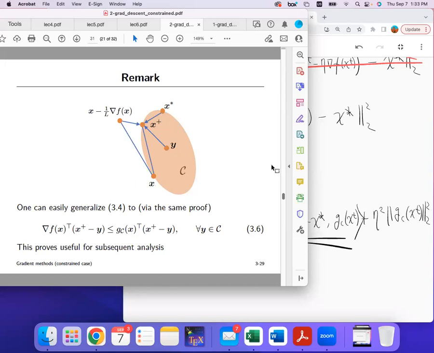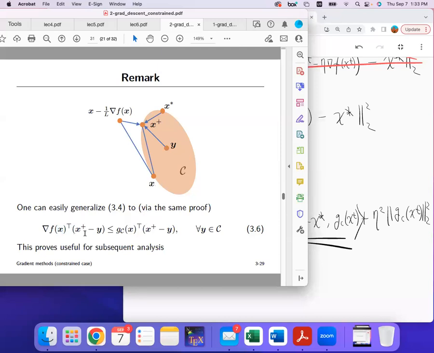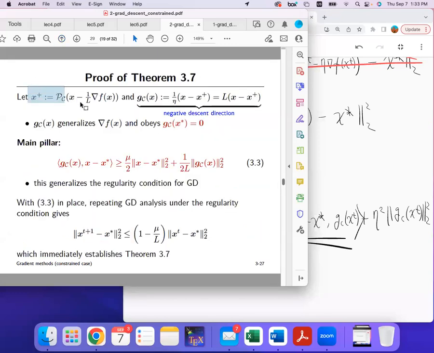But essentially what this lemma says is an abstract inequality. The left-hand side is gradient f multiplied by x plus minus y. Now y is any point in the constraint set, and x plus is defined by starting from x and doing one projected gradient descent step, which gets you to x plus.